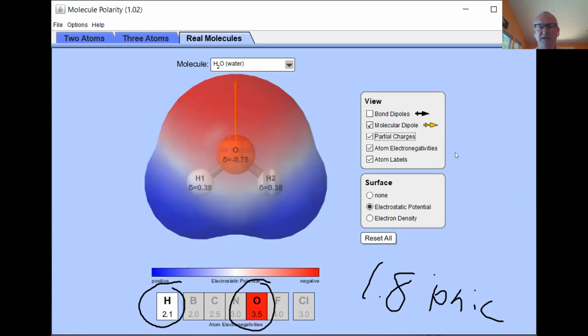So that side is positive, the other side's negative. Any question about why that is? I mean, we'll learn why it's bent, but just looking at it, you can sort of understand why the polar dipole is so strong and pointing in the direction of the oxygen. Is that clear to why that would be?